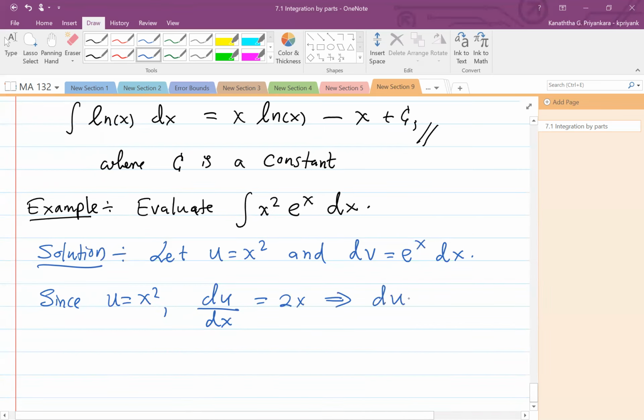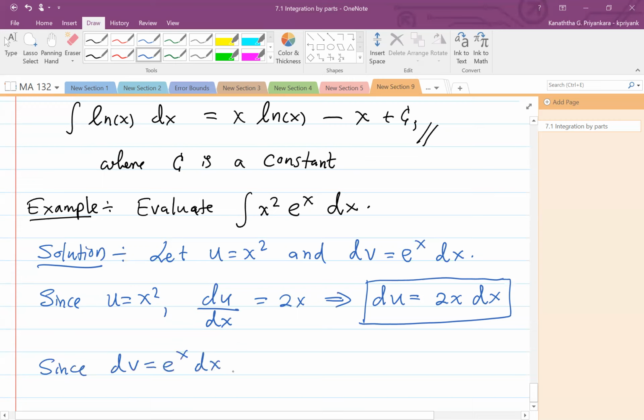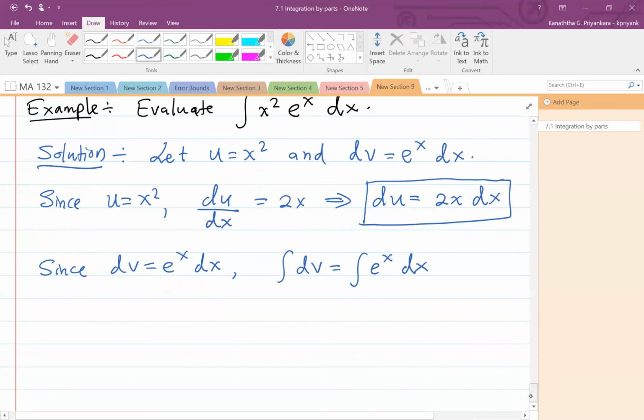So from this we get du, that would be 2x dx. And for dv, which is e to the power x dx, if we integrate both sides, on the left hand side we get v, and the integral of e to the power x is e to the power x.